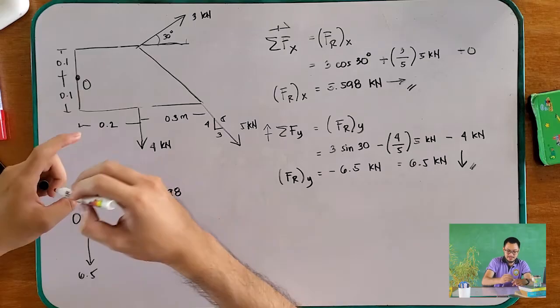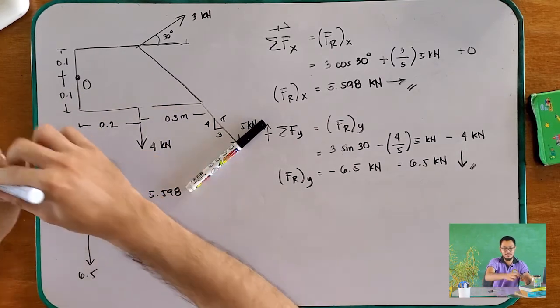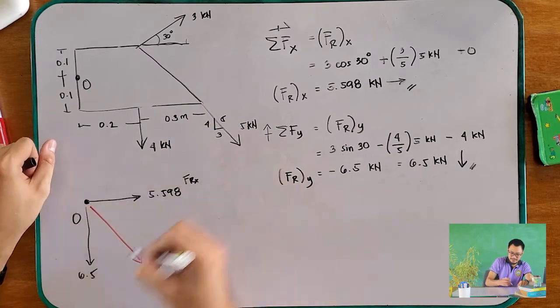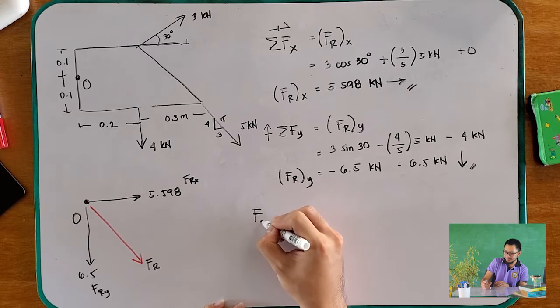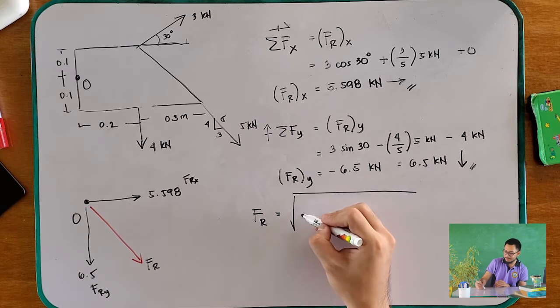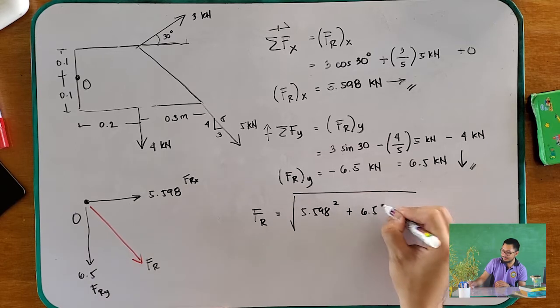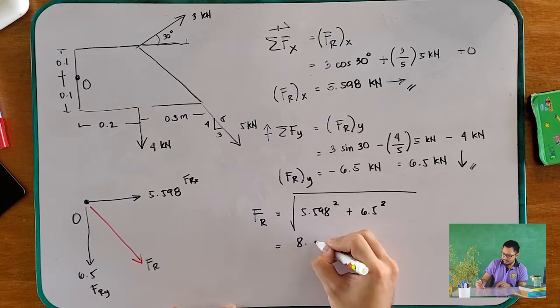This is your FR, this is your FRx and FRy. So, to get the magnitude of your resultant force, all you have to do is to use Pythagorean theorem. 5.598 squared plus 6.5 squared. So, your magnitude here is 8.58 kilonewtons.